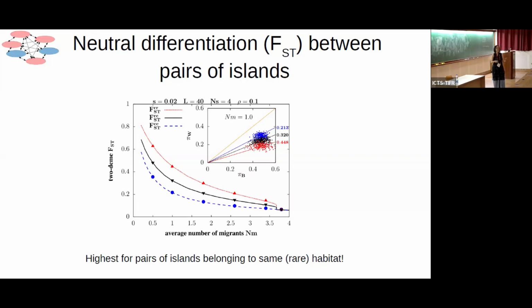So if I have a metapopulation where 10% of islands belong to one habitat and 90% to the other, then I'm sampling two subpopulations, both from the 10% habitat. And in that case, this FST is highest, which looks quite counterintuitive, but, no, this is correct, right? It is pi within, yes, okay.